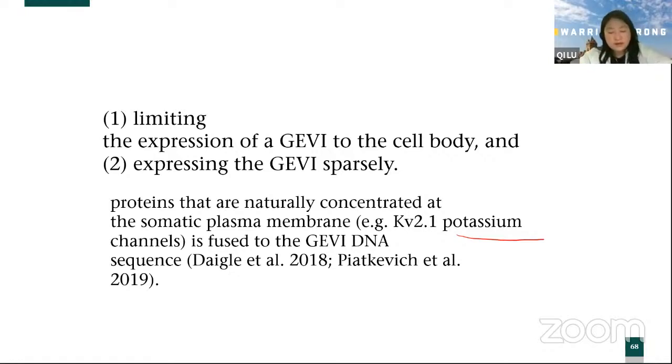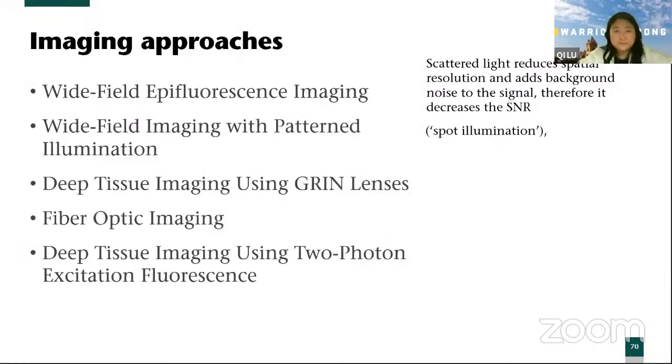So I need a very low concentration of the virus, but very strong promoters to promote the expression level of these proteins, to make sure the signal is strong enough to be captured.